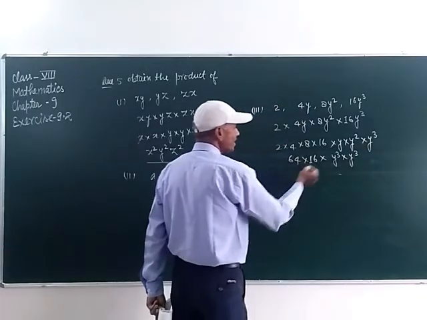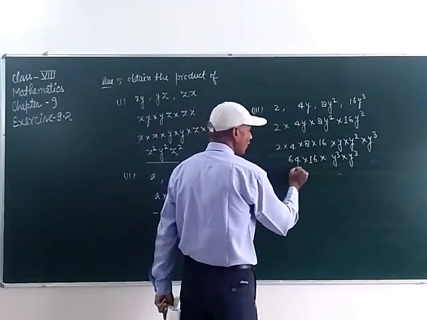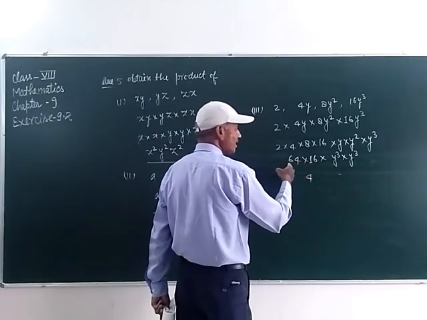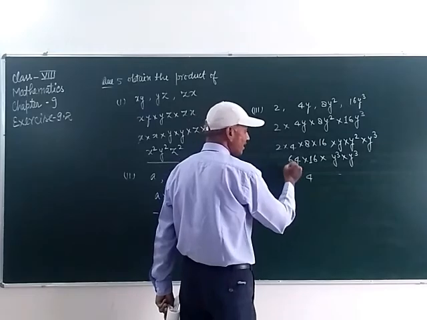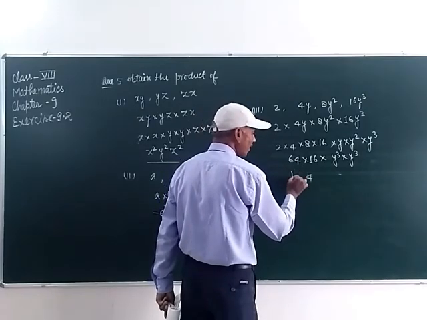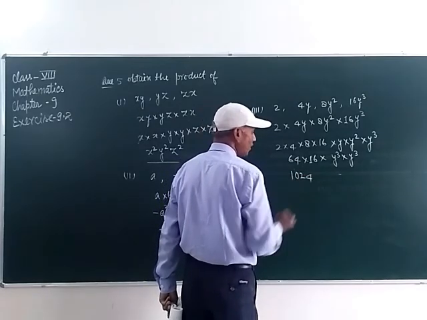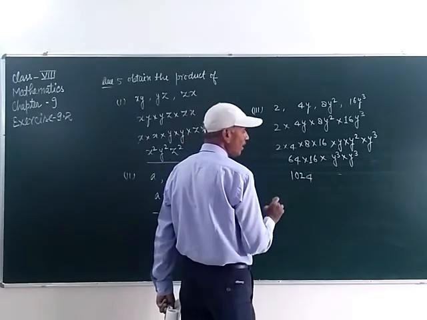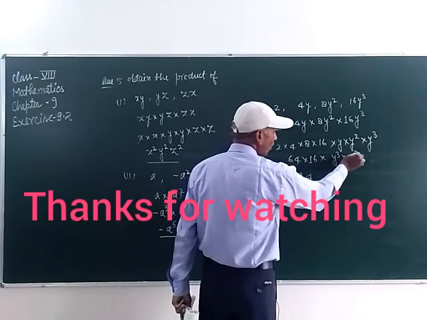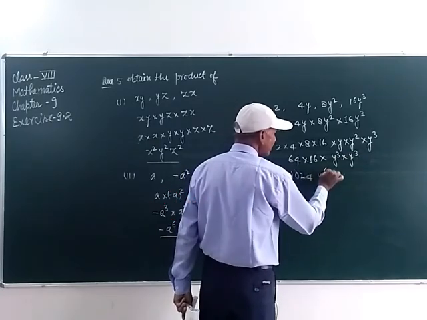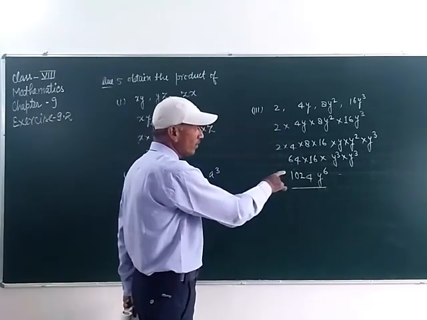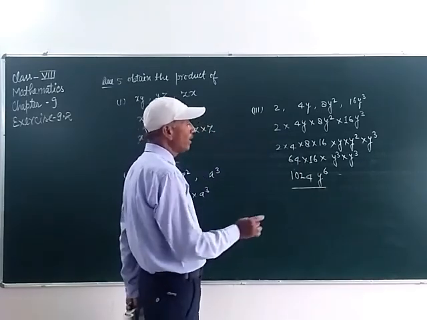Now multiply this, 16 4 ja 64, carry 6, 16 6 ja 96 and 6, that is 102. So 1024, this one will be 1024 y to the power 6 student. This one is answer, 1024 y to the power 6.